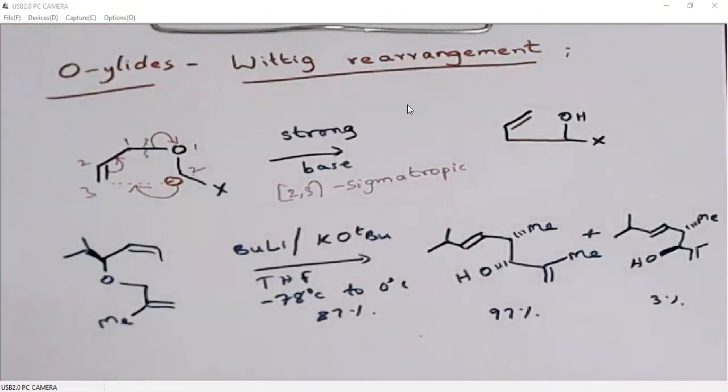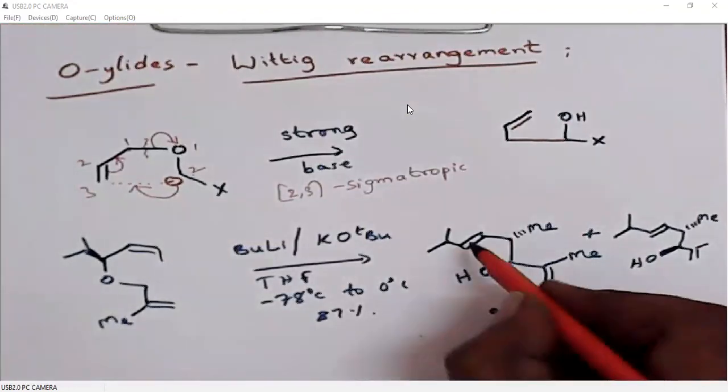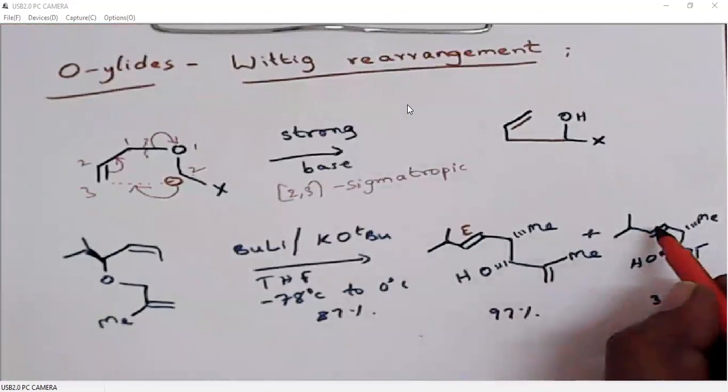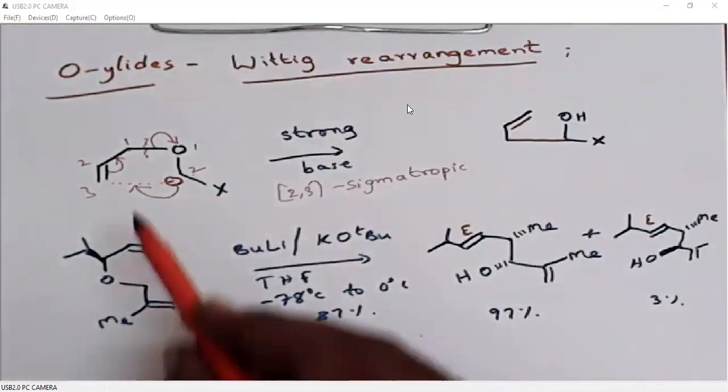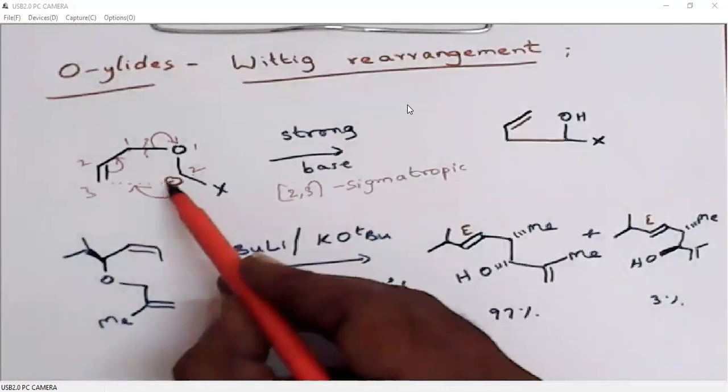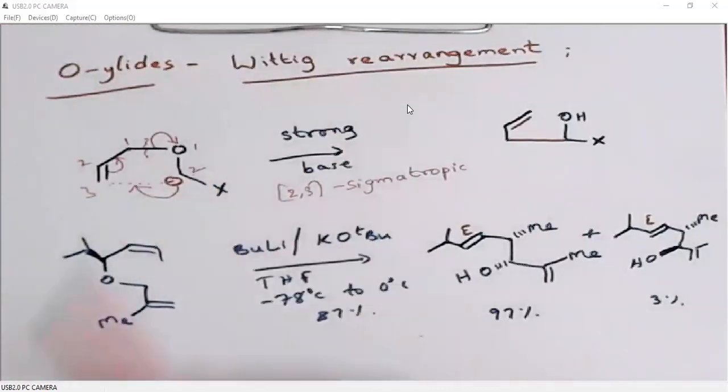First point is, this double bond is almost always an E double bond. There is no doubt in that. Then how do we predict the stereochemistry of these substituents? Now these 2,3 sigmatropic rearrangements will have a 5-membered transition state, right? 1, 2, 3, 4, 5.